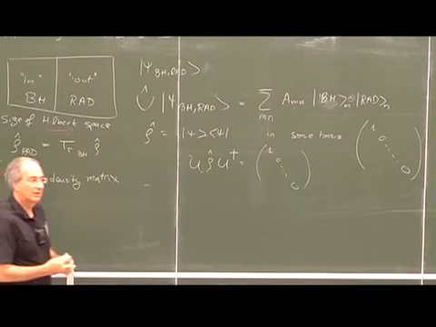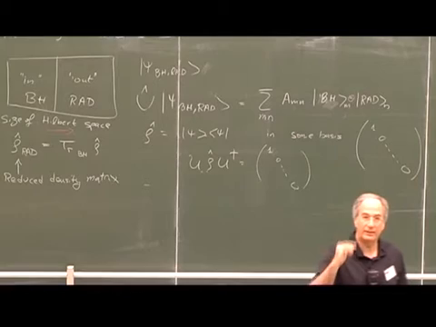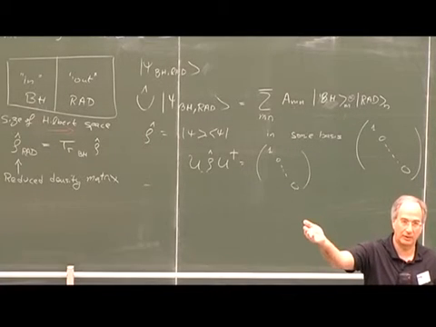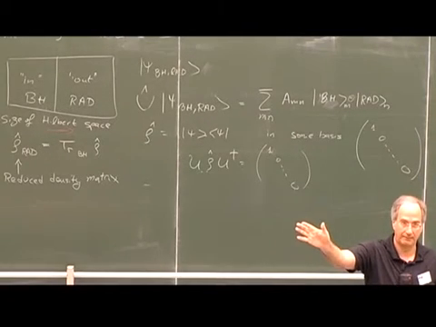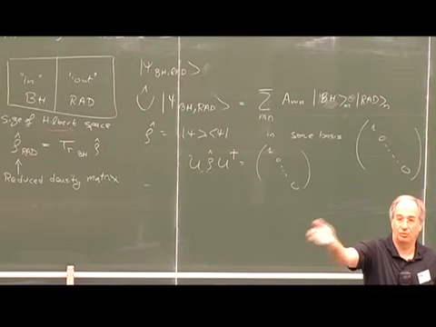Again, the idea is that we have access only to the outgoing radiation. Okay? Since we have access only to the outgoing radiation, we have to trace over the rest.